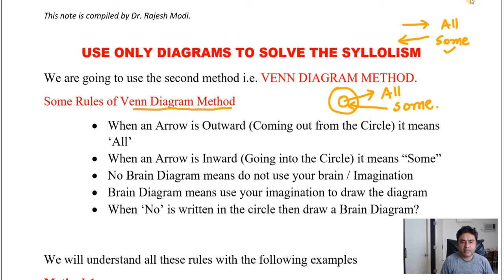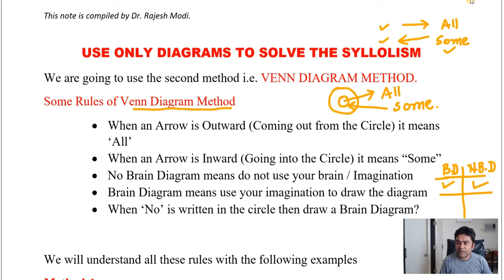Now you have to draw a brain diagram and a non-brain diagram. In a brain diagram, you use your imagination and possibilities. In a non-brain diagram, you use only what is given in the sentences. Now when do you use a brain diagram and when a non-brain diagram?